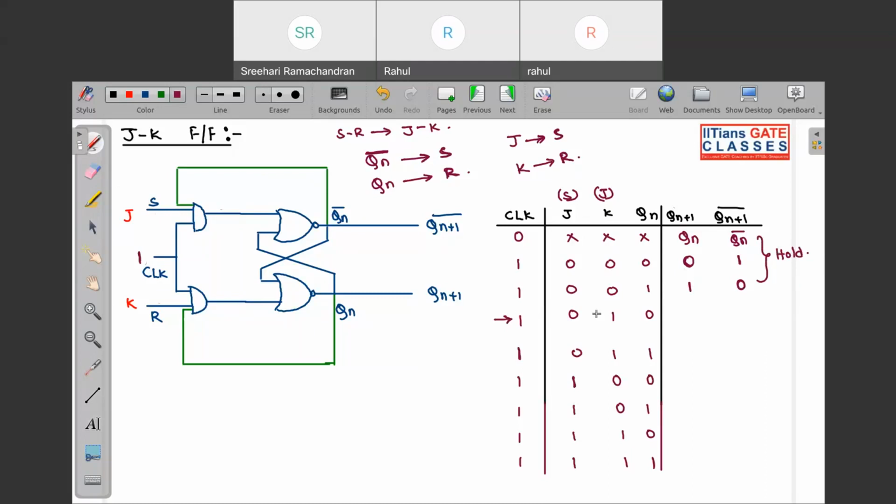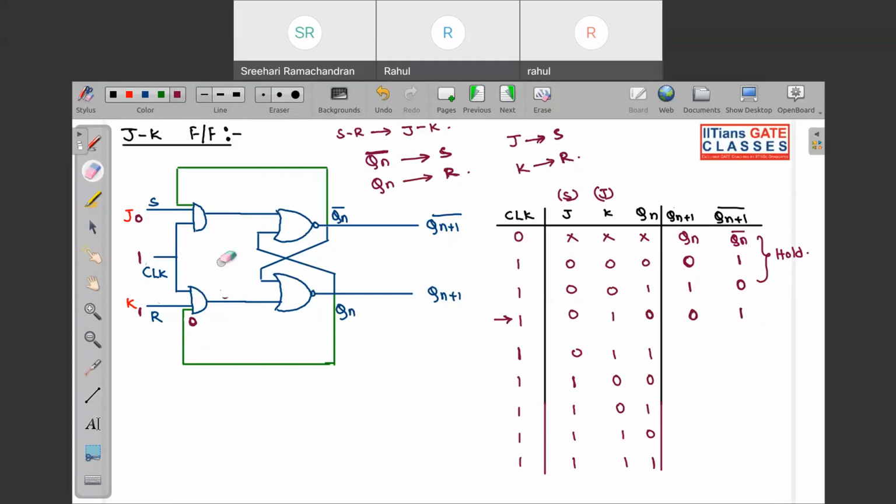Now this case I am talking about is when J is 0, K is 1. So if this is 0, this will be 0. And if this is 1, clock is 1. What about this state? Qn over here is 0, so this is also 0. So 0 0, again I am getting hold state. If I hold this value, this will be 0, this will be 1. Okay, fine. So this is correct.